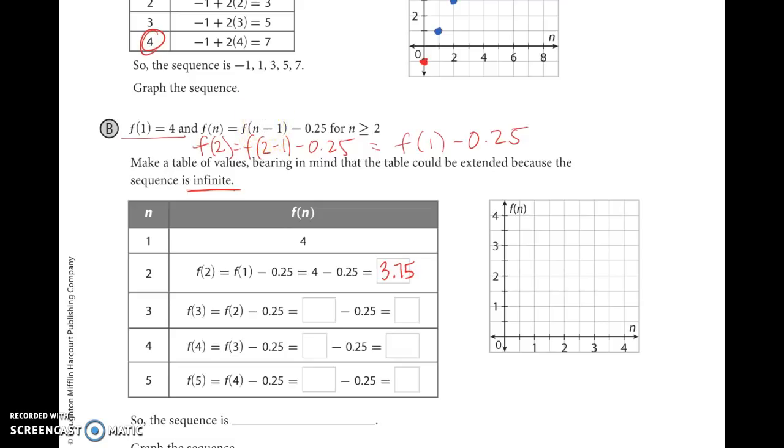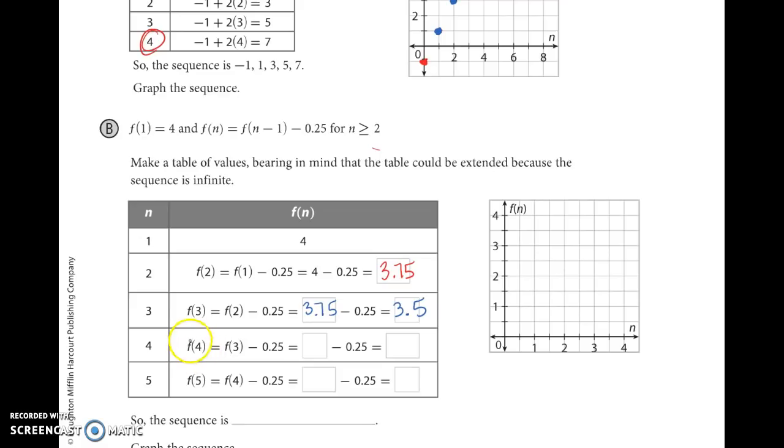Now for the next one. Remember, you're always using the previous term to get your next one. If I'm finding my third term, I'm going to plug the second term in here. My second term was 3.75, and 3.75 minus 0.25 is 3.5.